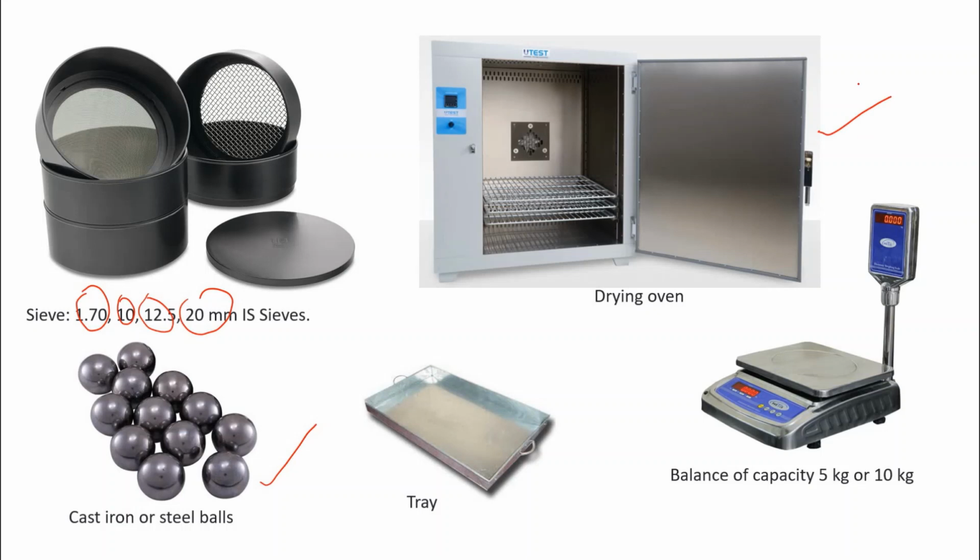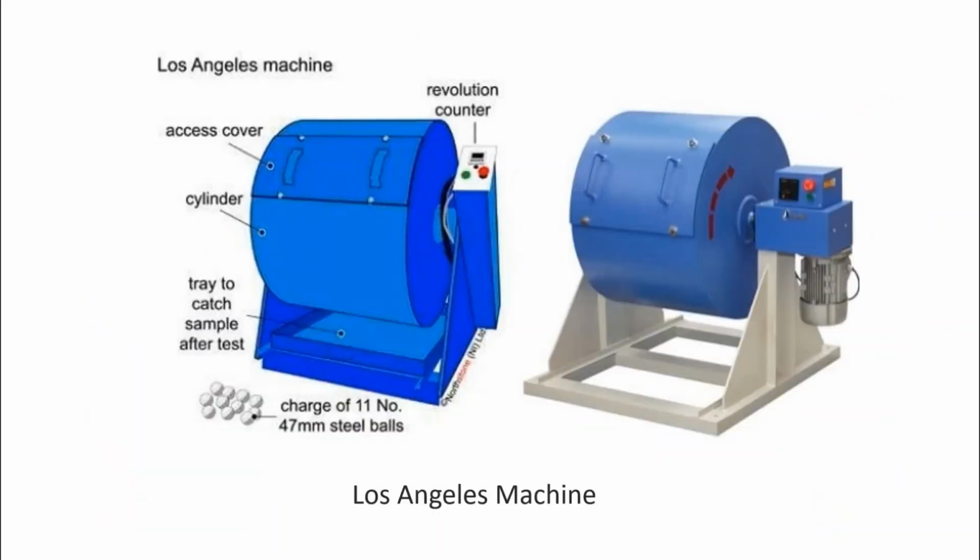Then an oven for drying the aggregates, a tray for collecting the aggregates, and a balance for weighing the aggregate. And obviously the abrasion testing machine, that is the Los Angeles abrasion testing machine. So this is the testing machine. We will feed the aggregate into the testing machine by removing this cover.